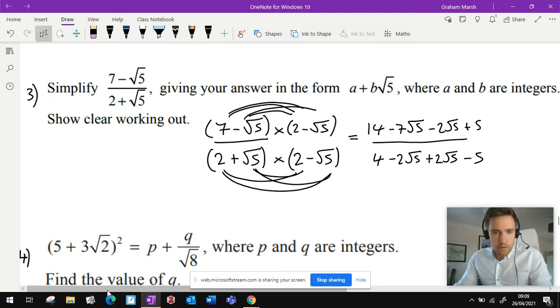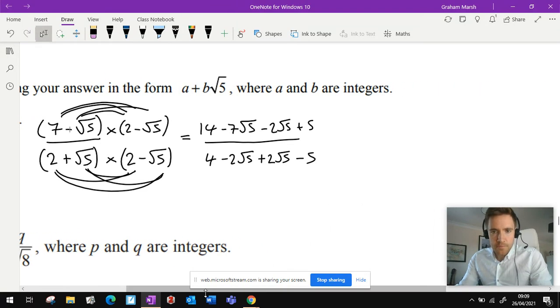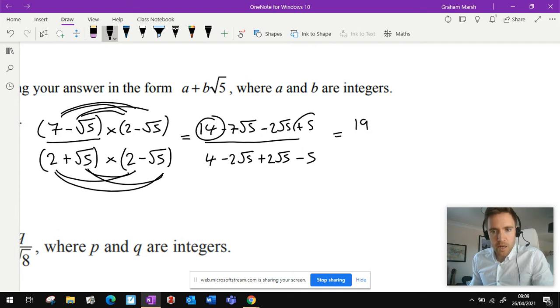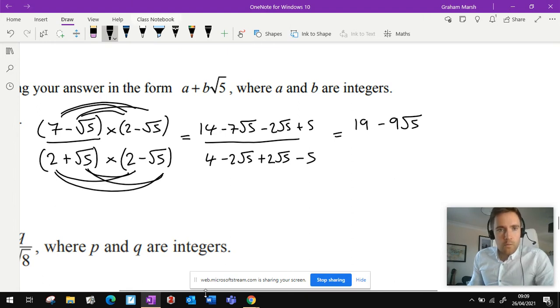Okay, so we've got to then simplify this. Well, start with the top. Looks like we've got 19 if we bring the 14 and the 5 together. And then as far as the surds are concerned, we've got negative 9 root 5s. For this one, you've got some root 5s here and some root 5s here.